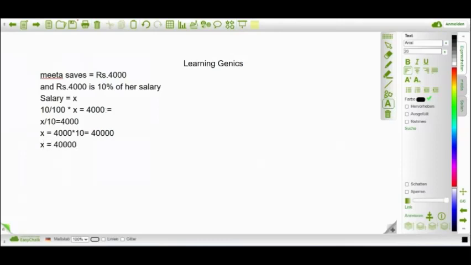So we can easily say that, therefore, 10% of 40,000 is 4,000, and Meeta's salary is 40,000 rupees.